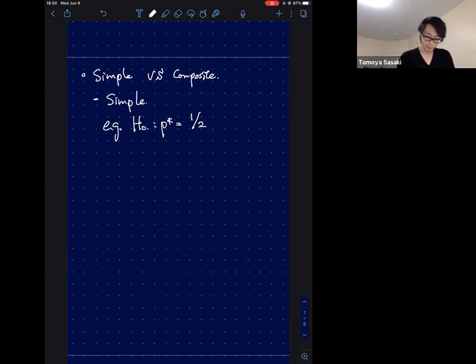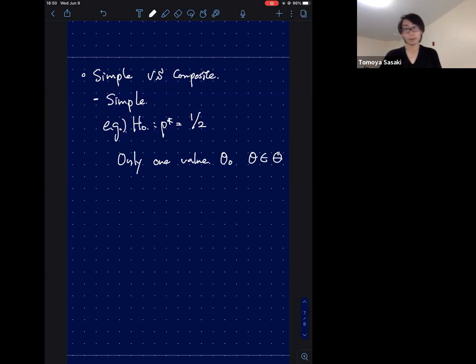And when we say it's simple, what it actually means is that the hypothesis takes only one value, theta naught, out of the entire possible range of values that you want to test for hypothesis testing.